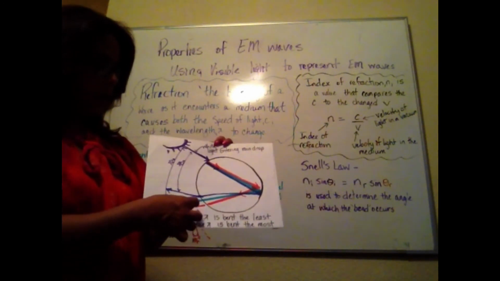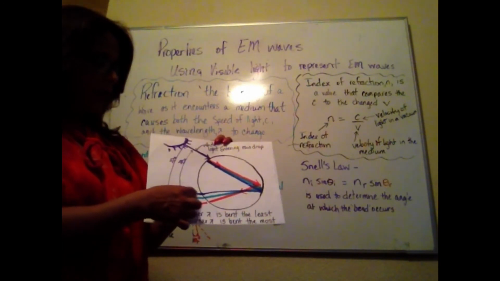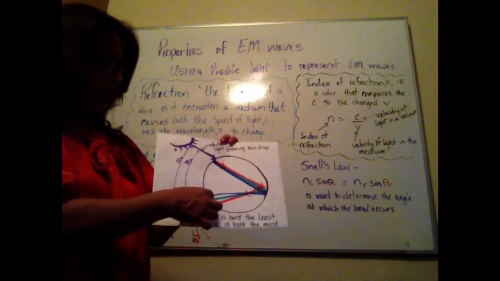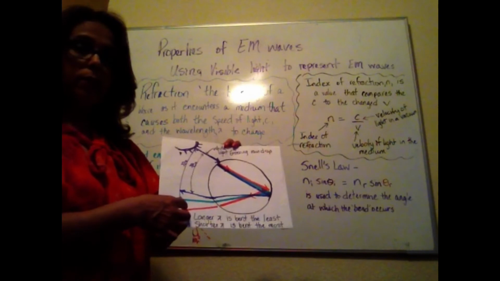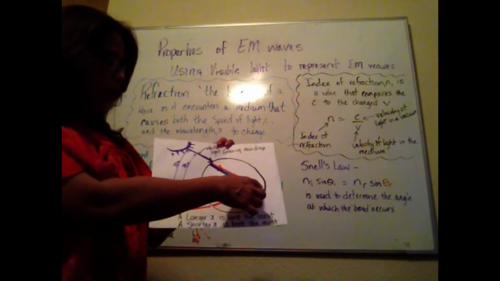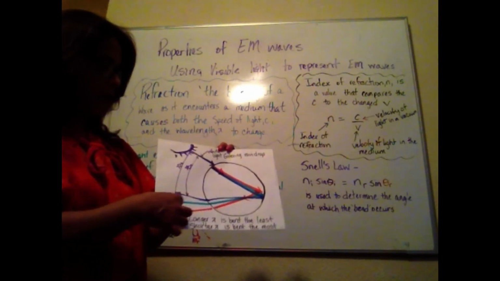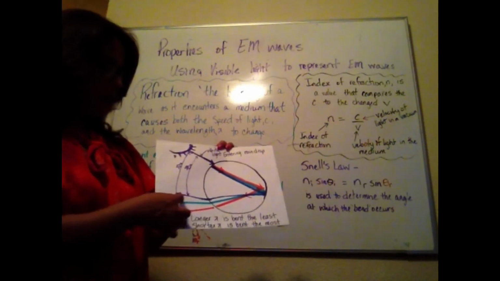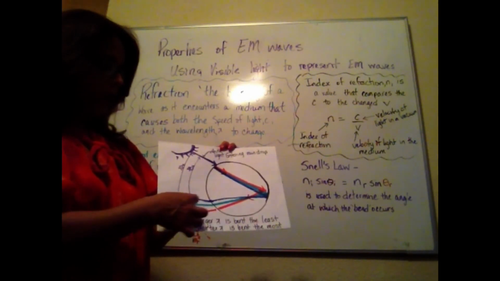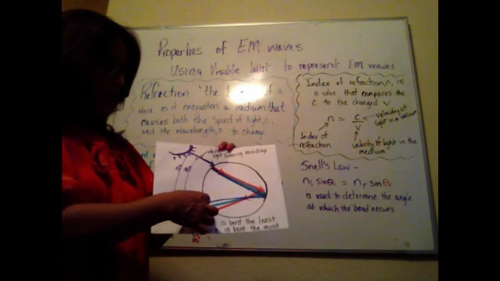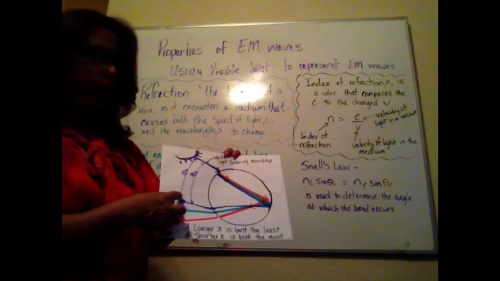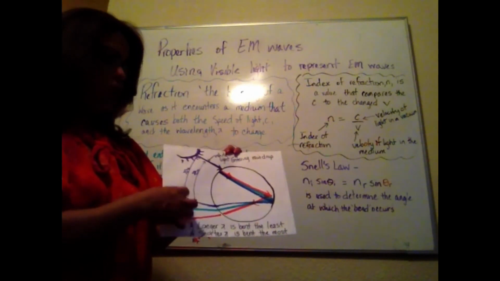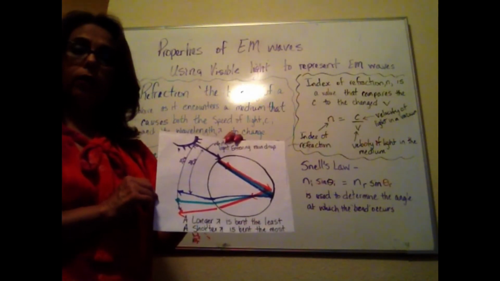Here I represented the red, the green, and the blue. Red, which is the longest wavelength, suffers the least amount of change, compared to a middle range wavelength, which is green, that suffers a little bit more of this quote-unquote bending. And then one of the shortest ones, which is blue, next to indigo and violet, causes the greatest change in this angle of refraction.